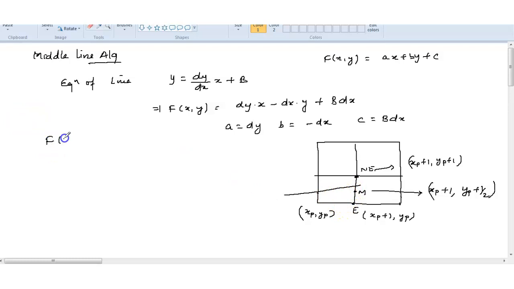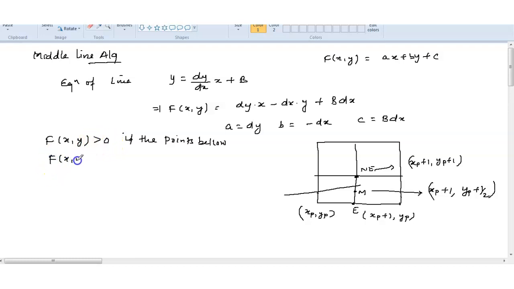I will write it here: if f(x, y) is greater than 0, the point is below, meaning downward, because in the downward direction x is increasing and y has smaller values. So x is higher and y is lesser, and we get positive values. So that function is f(x, y) greater than 0.